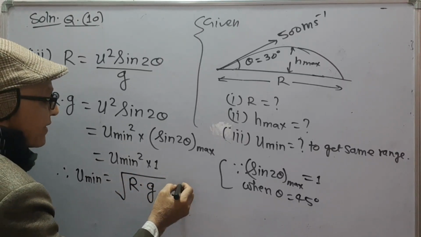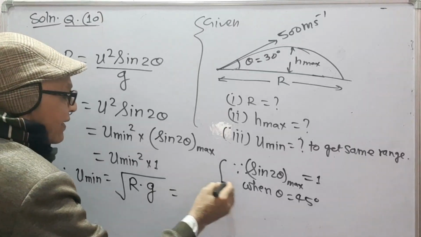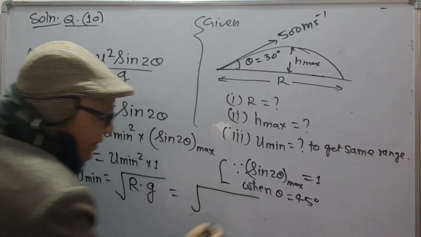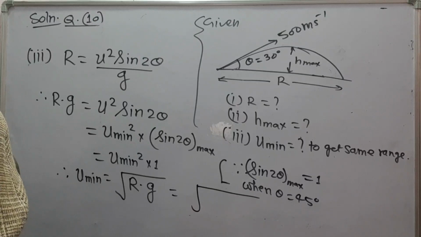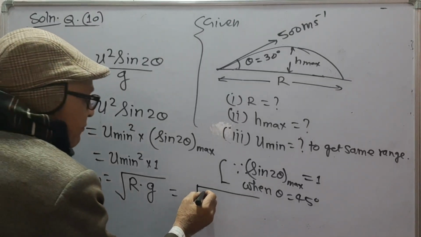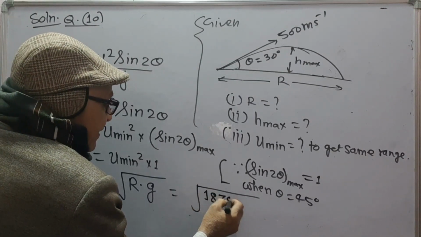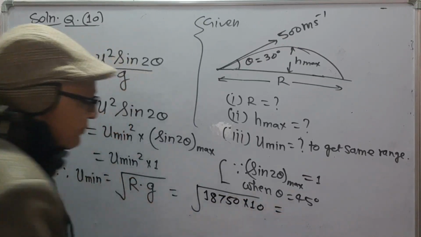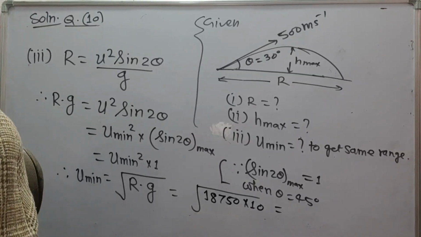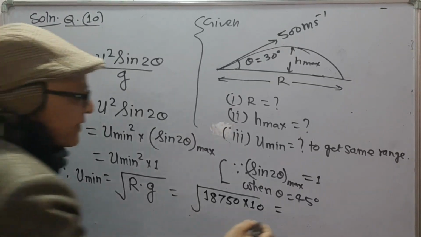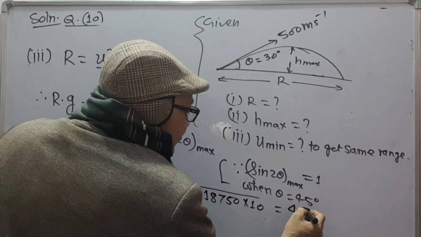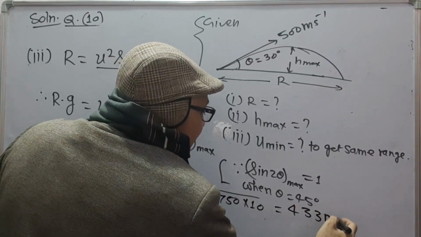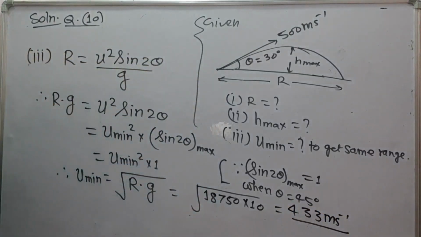R has been calculated in first part as 18,750 and g is 10. So u minimum comes to be 433 meter per second. Means with this minimum speed, range will be same as in case 1.